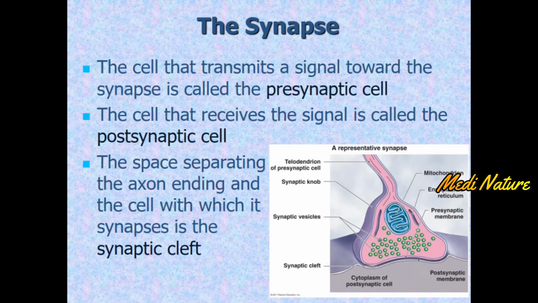The neuron that transmits a signal towards the synapse is called the presynaptic cell, and the cell that receives the signal is called the postsynaptic cell. The space between these two cells is called the synaptic cleft. You can see the synaptic cleft and the presynaptic cell and the postsynaptic cell in the image below.